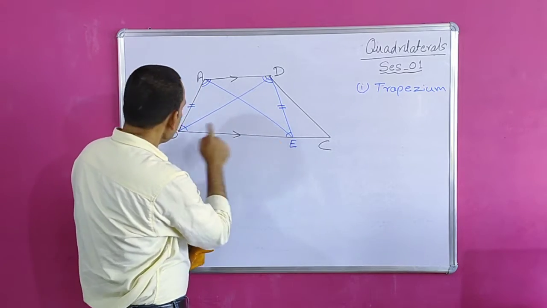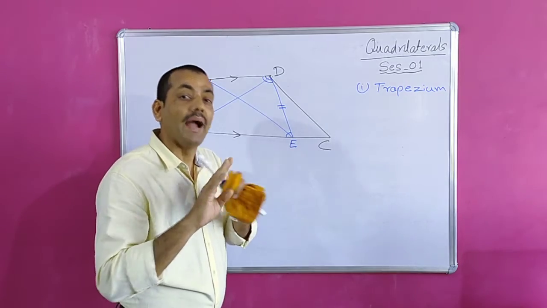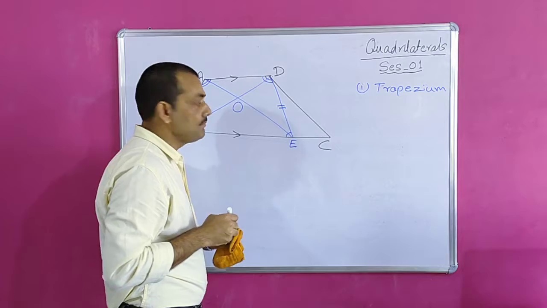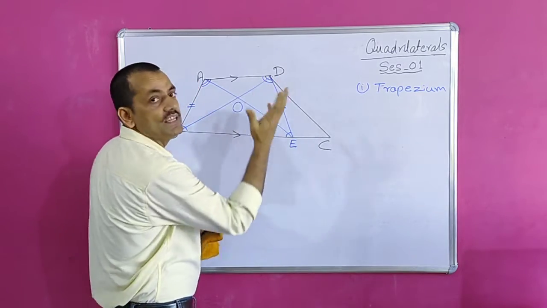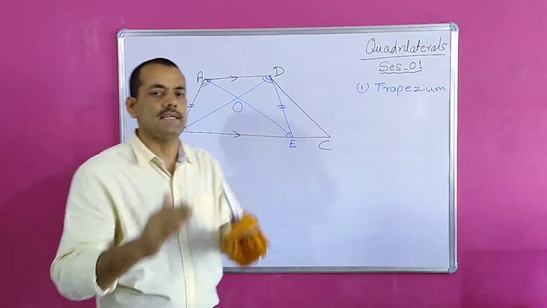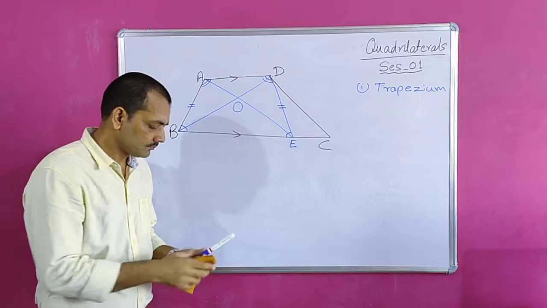Means AE and BD both are equal, but they don't bisect, they intersect. Bisect means OB and OD are the same, but here they don't bisect, they intersect at O. So this is an isosceles trapezium.